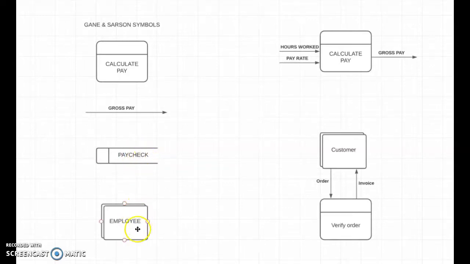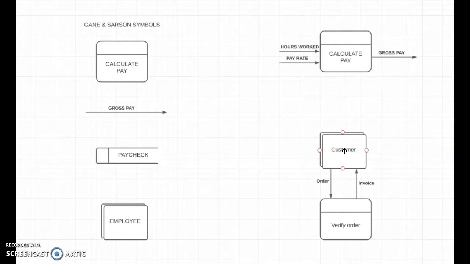And the last one is an entity symbol. I also have an entity symbol here. An entity symbol is rectangular in shape. The name of the entity is written inside. So here I have a customer. The data flow diagram shows only the external entities that provide data to the system.